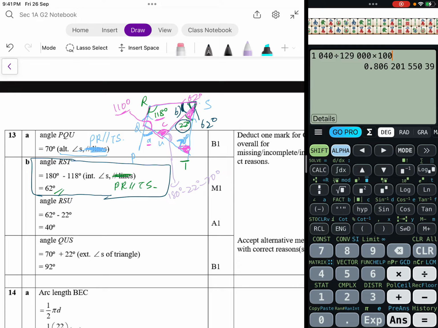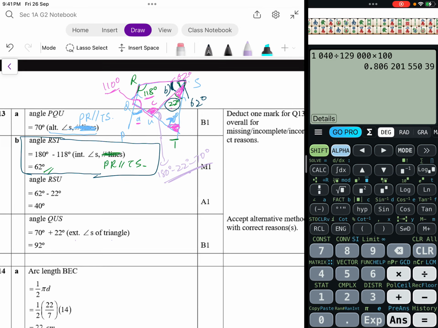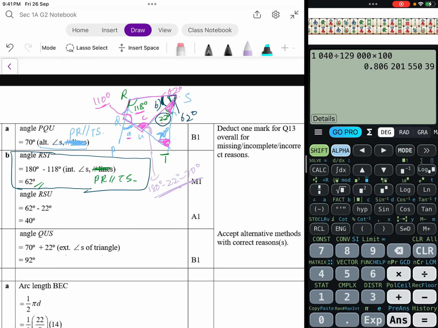After that, to find C, you do 180 minus this angle. But the easiest is the exterior angle of a triangle, 22 plus 70. Or, as I mentioned just now, you can use this pink four-sided figure.